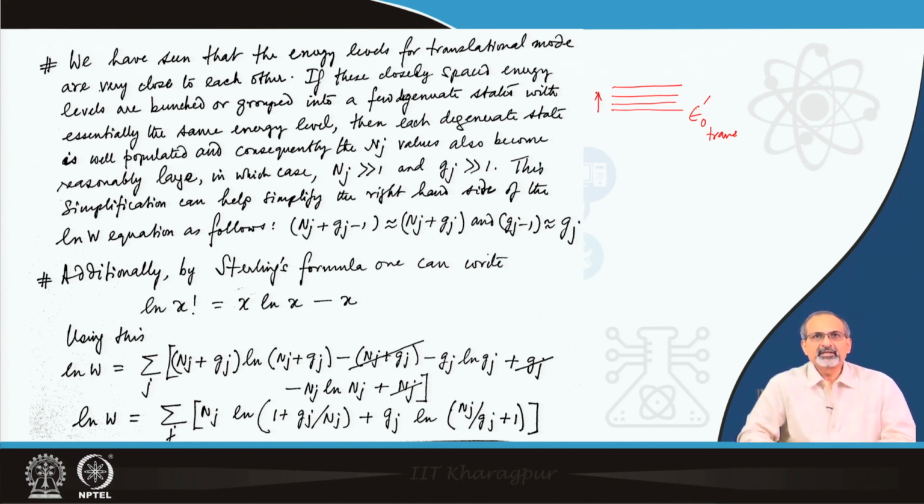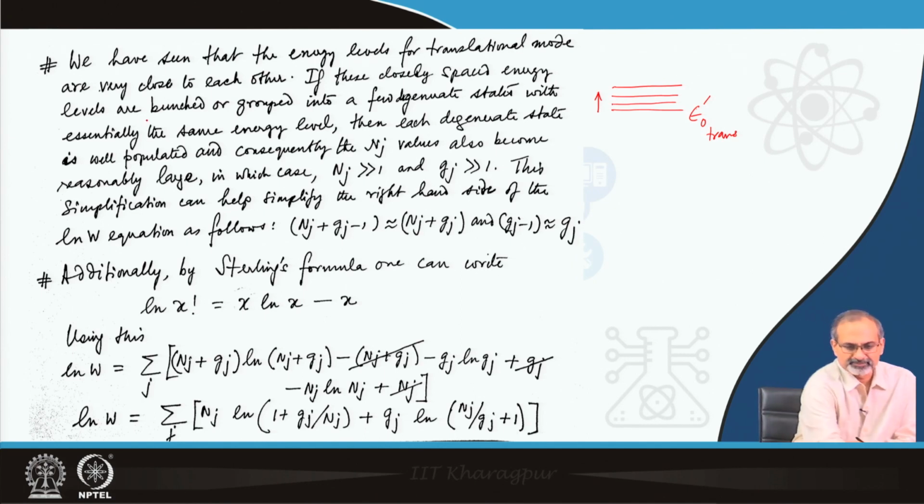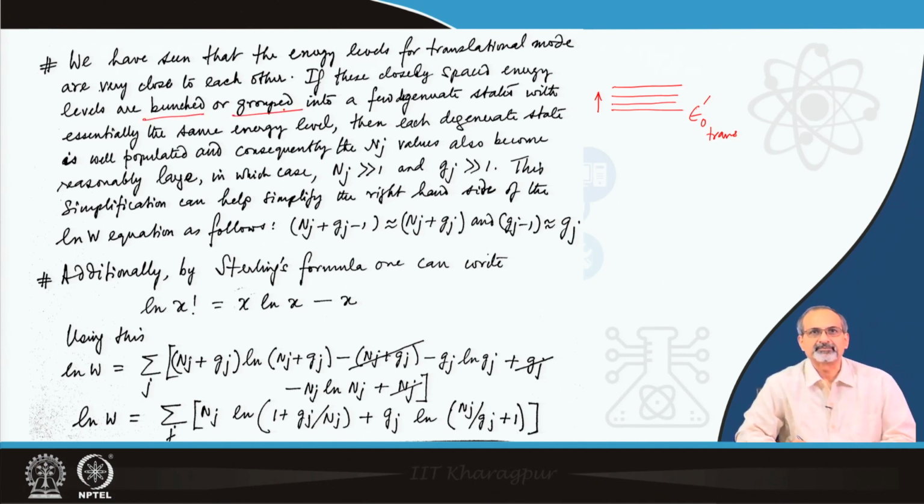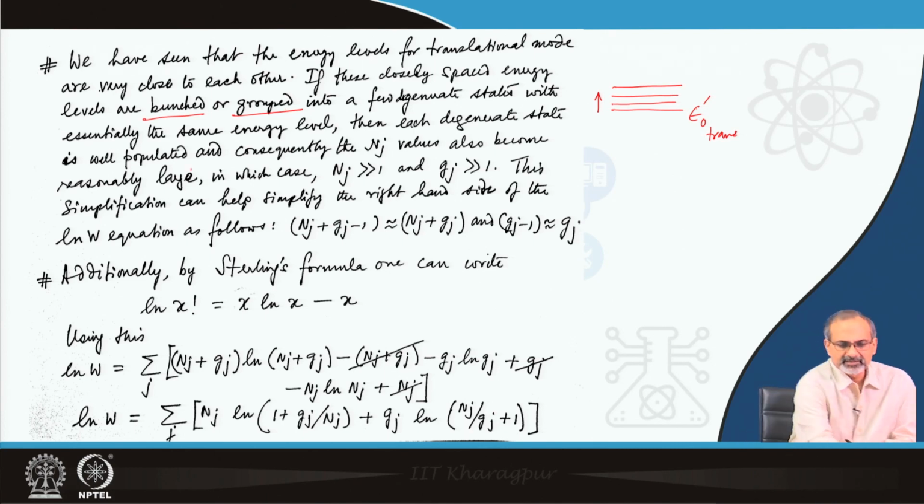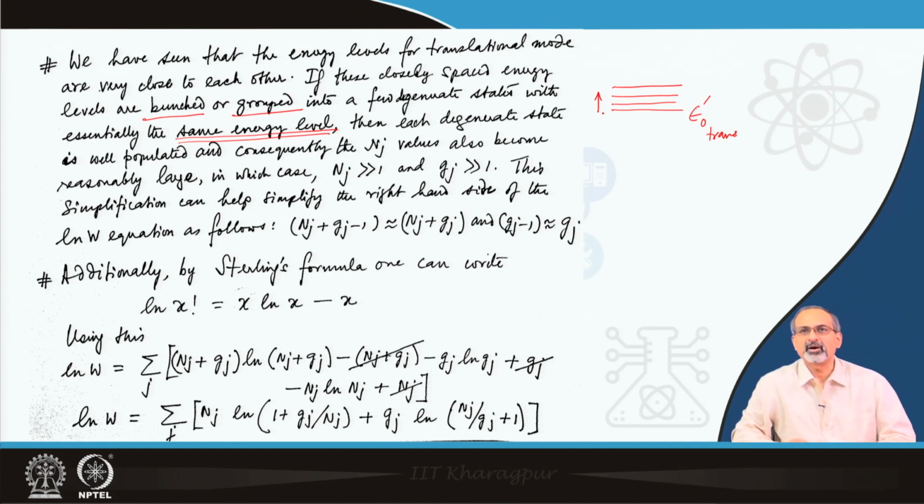If these closely spaced energy levels are bunched or grouped into a few degenerate states with essentially the same energy, since they are very close to each other, and brought to an intermediate energy level where they can be put together as a group, then there will not be much of a difference between the actual energy level they had and the one assigned in the grouped form.